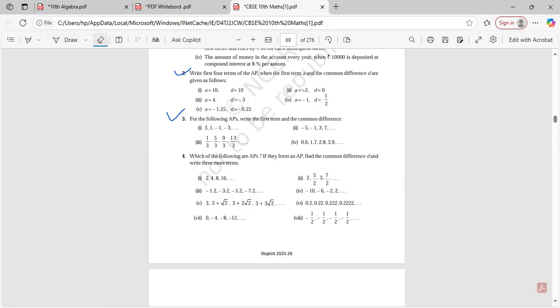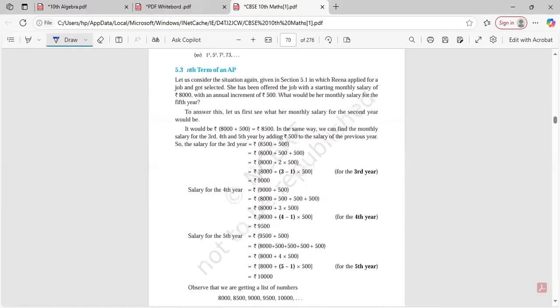If you won't solve the others, it is fine because we just solved these questions. This we have solved, this second we have solved, fifth we have solved, seventh we have solved, a similar kind of eighth we have solved. So from this only second and third.